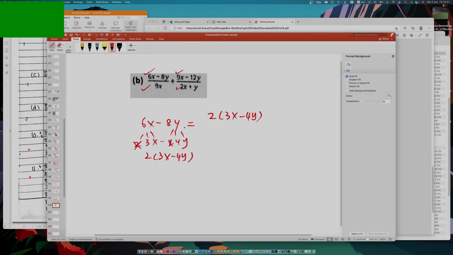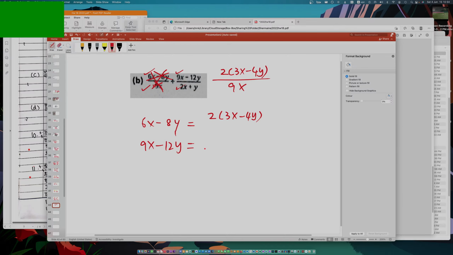So I can replace the 6x minus 8y with this one, right? 9x cannot change, right? This one can, so I already changed. Next, 9x minus 12y. Cannot.